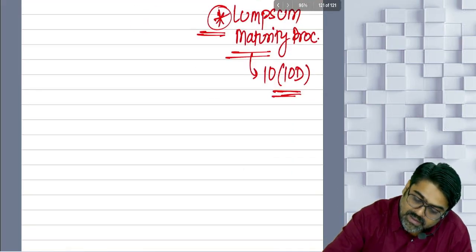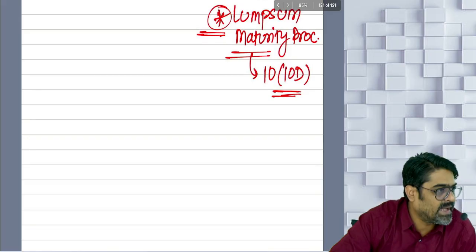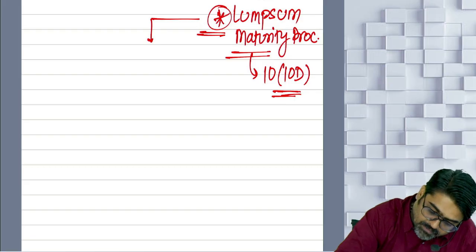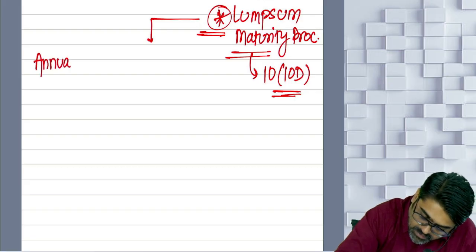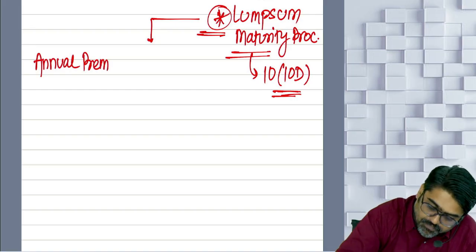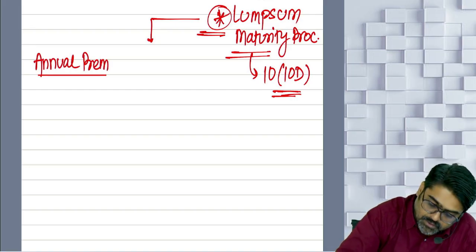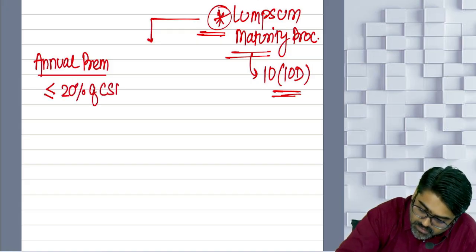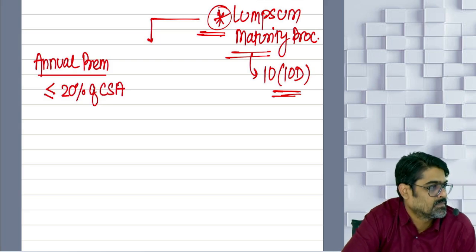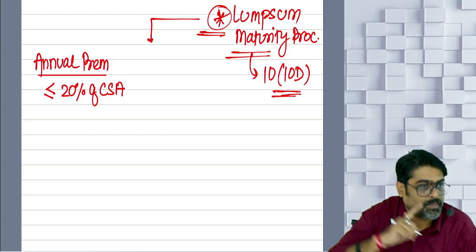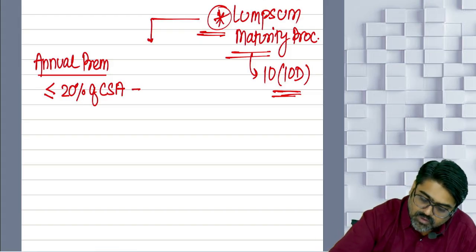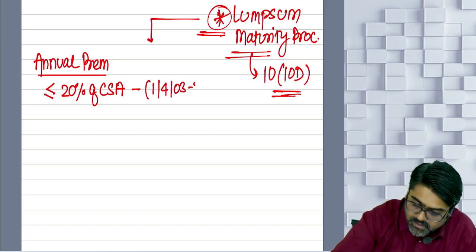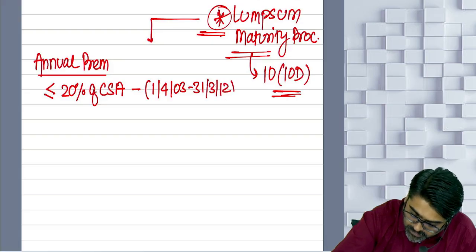So if you want your maturity proceeds from the life insurance policy to be exempt, do one thing. The annual premium, what did I say? Annual premium on the policy should be less than or equal to 20% of capital sum assured, if the policy matured is a policy which was issued between 1st April 2003 to 31st March 2012.